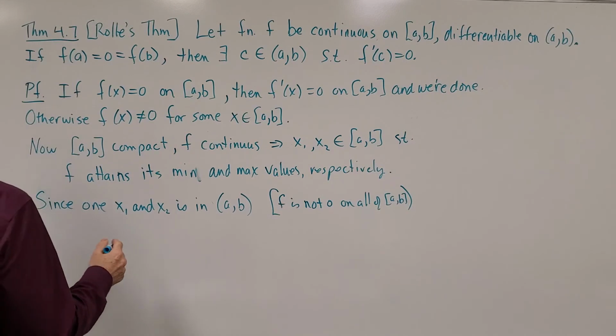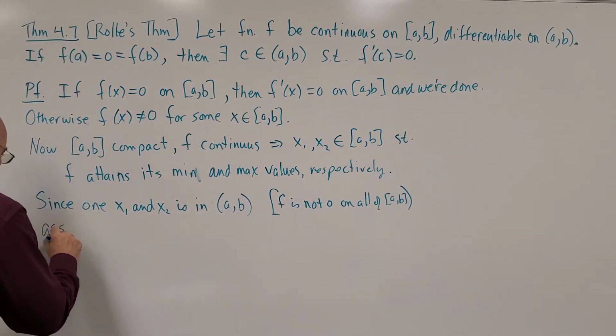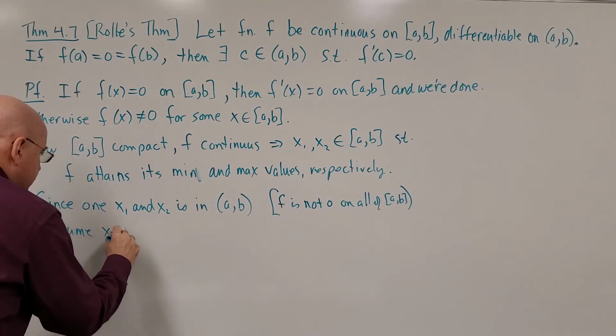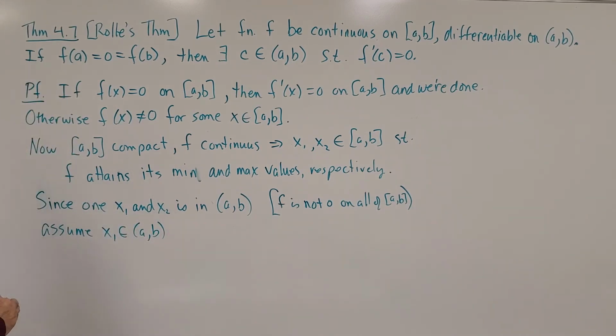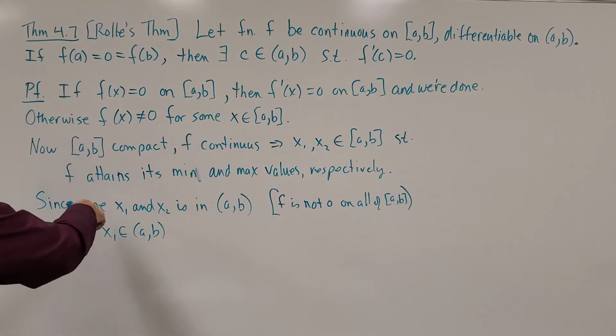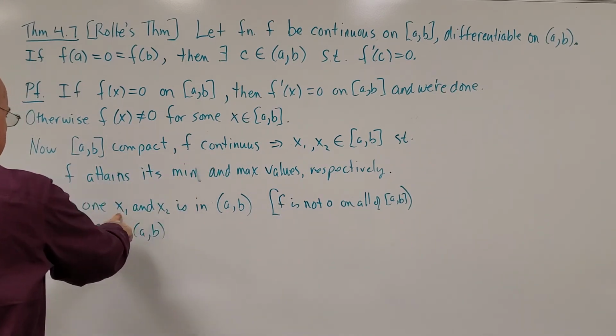Since that's the case, assume it's x1. The proof would be nearly identical if it were x2. So we're assuming x1, which is the minimum value.